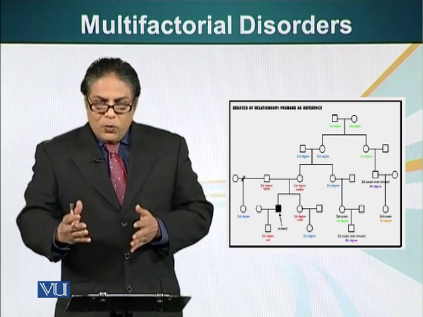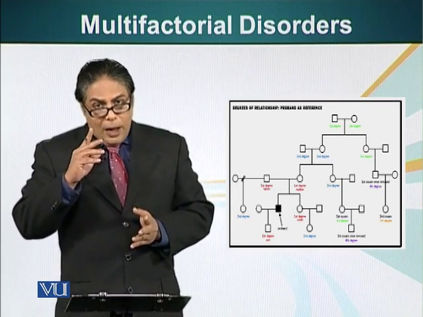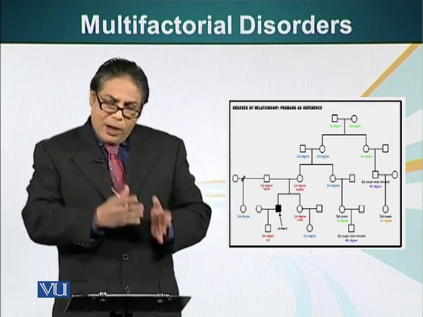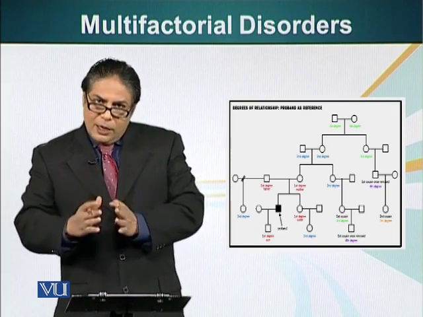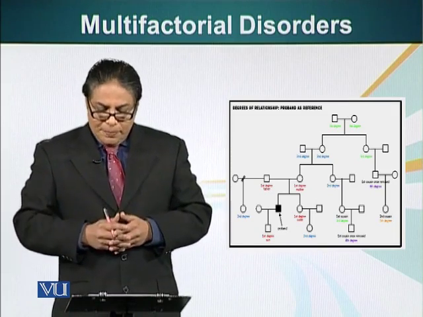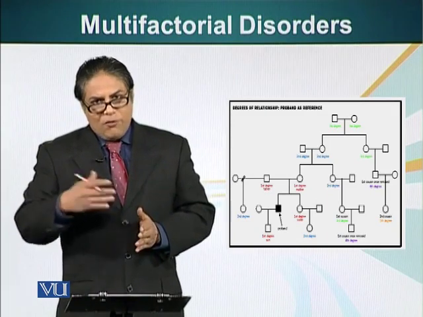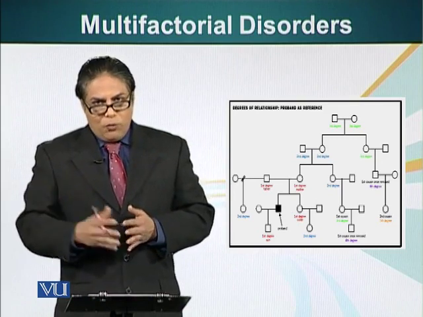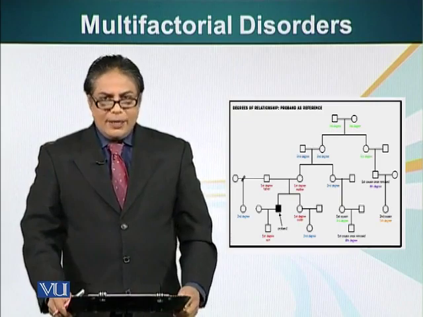That category would include our grandparents, our aunts and uncles, our blood aunt and uncle. So not an aunt or uncle by virtue of marriage, but an aunt and uncle by virtue of blood relationship. Third degree relatives are the ones who will have 12.5% genes in common with us, and so on and so forth. So next we will look at the cytogenetic disorders in the next module.